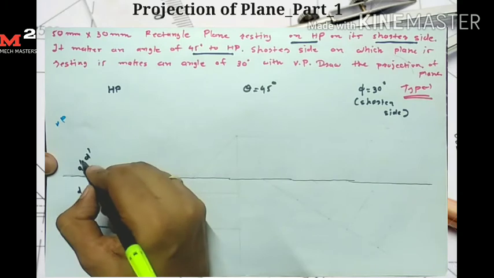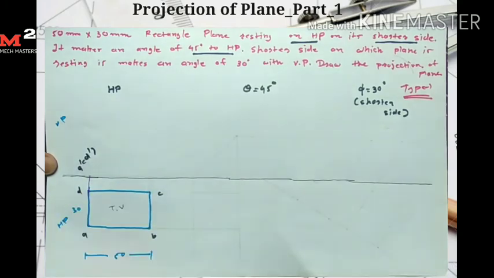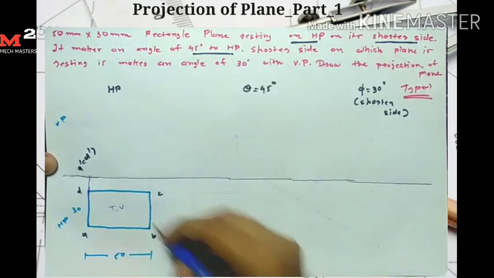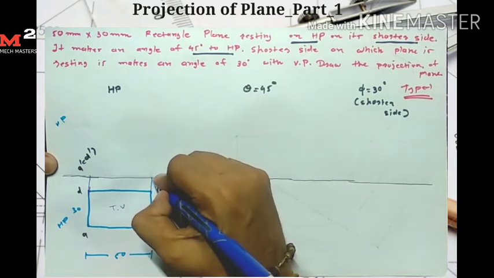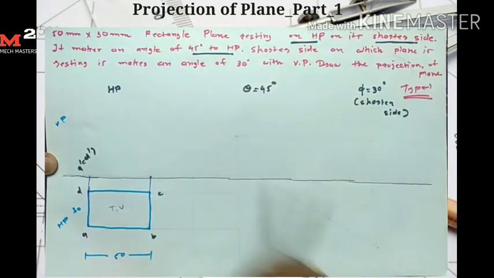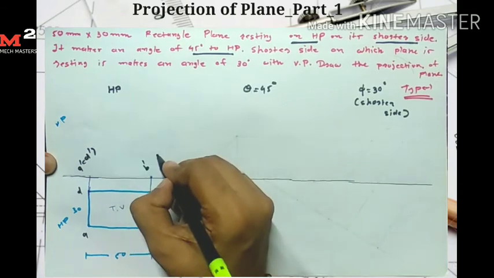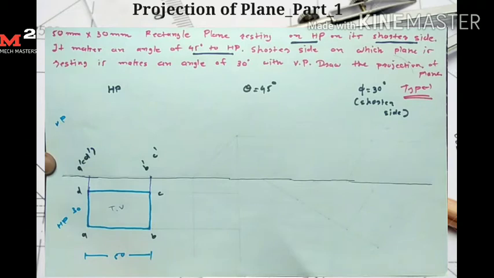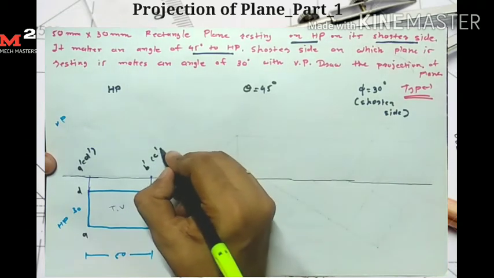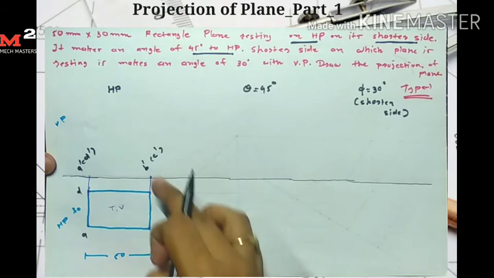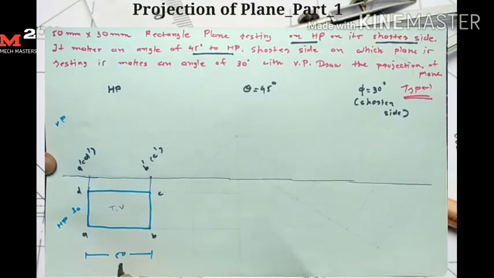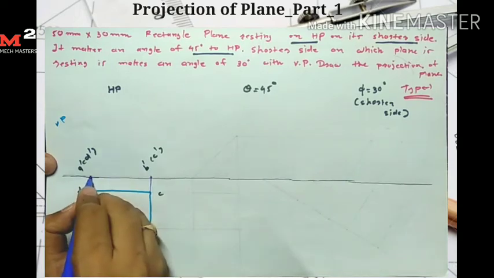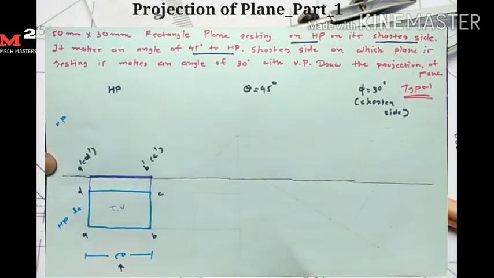I indicate the D dash point in brackets because it's a hidden point. Similarly I take the projection for the B and C points on the reference line, and I get B dash and C dash. I indicate C dash in brackets because it's behind the point B if I see from this side. So this line gives me the front view of this plane, and the length of this line is equal to 50 mm.